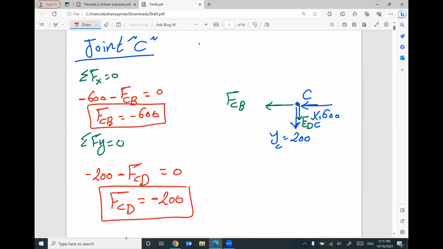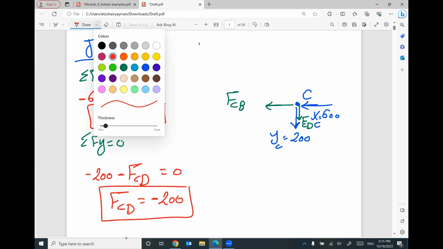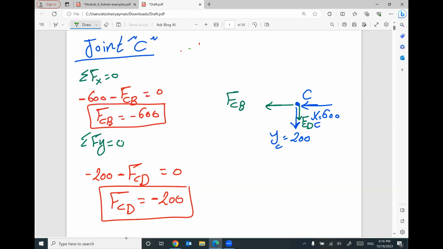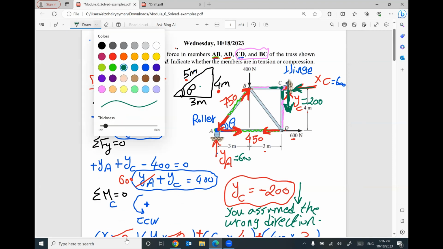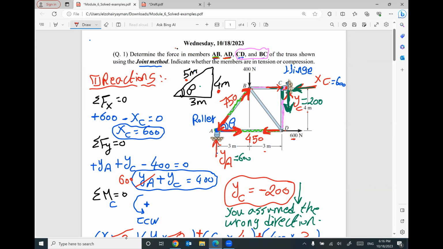What is the meaning of a negative value? You assumed the wrong direction. I assumed FCB coming out from the joint. This direction is wrong; it's not tension. It should be compression, so FCB should come into the member, on the other side of the same member, with a value of 600.